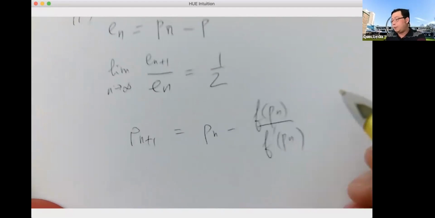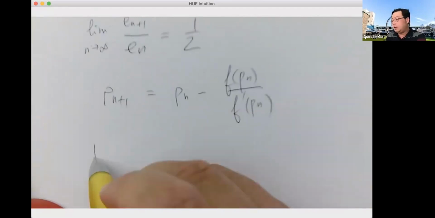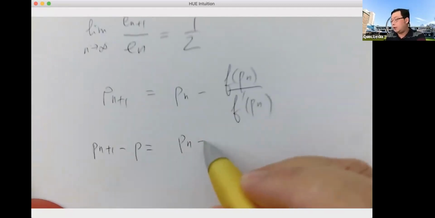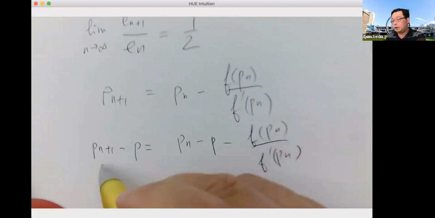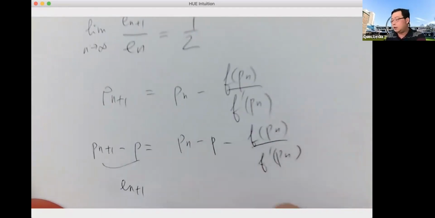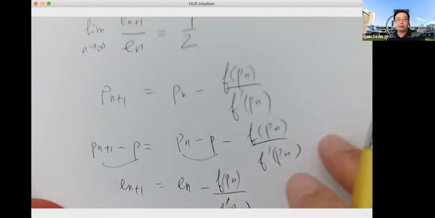So if you take Pn plus 1 minus P, then you get Pn minus P minus f Pn over f prime Pn, yeah. So this one is just En plus 1 equals En minus f Pn over f prime Pn. Okay, so the relation between En plus 1 and En is like this.